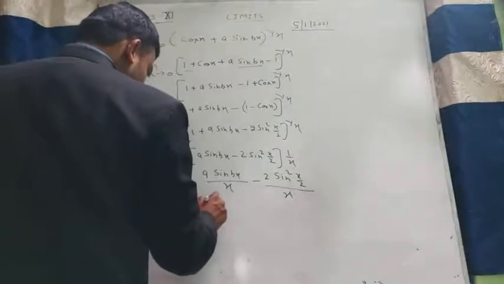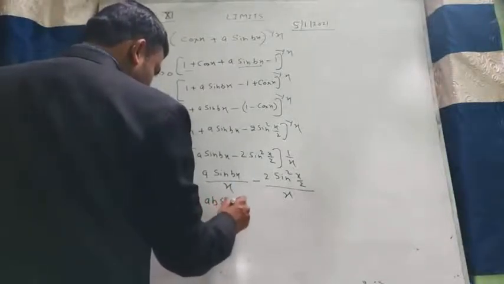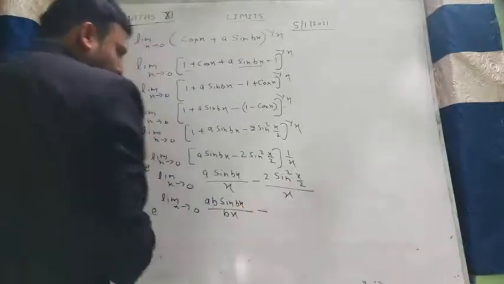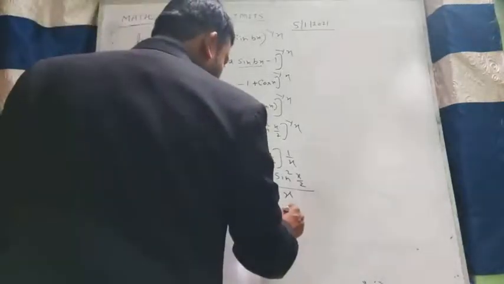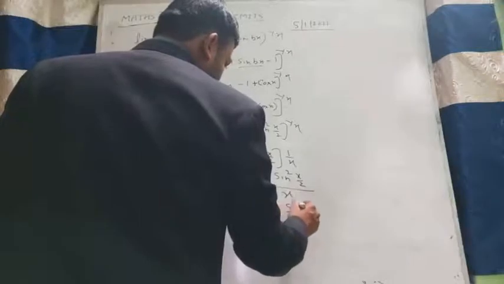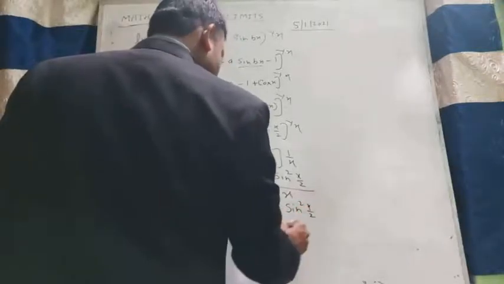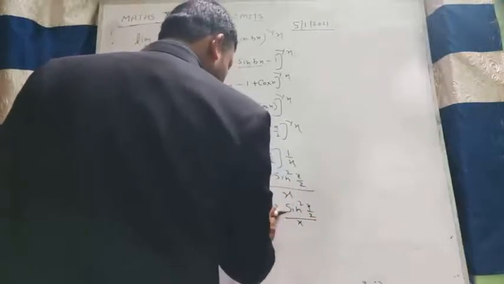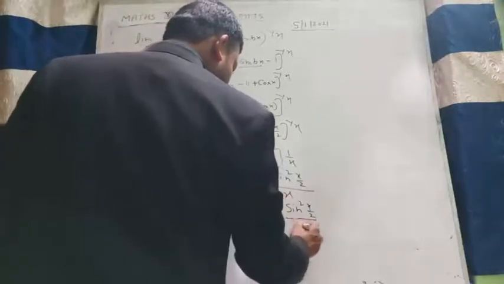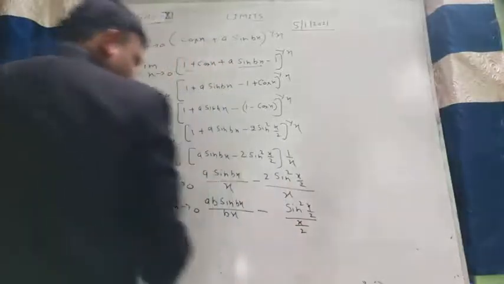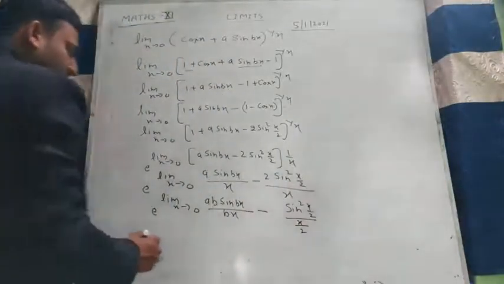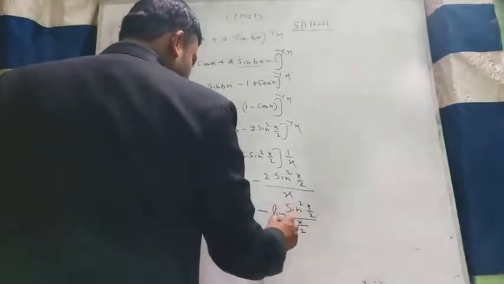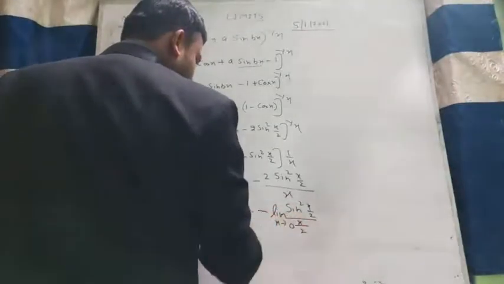So we write ab sin bx by bx minus 2 sin square x by 2 divided by x, and this 2 student we will write by 2. Okay, so we write limit here also limit x tends to 0.